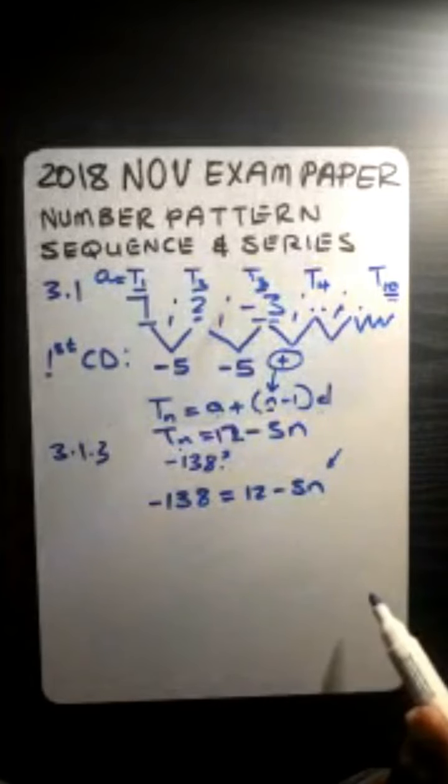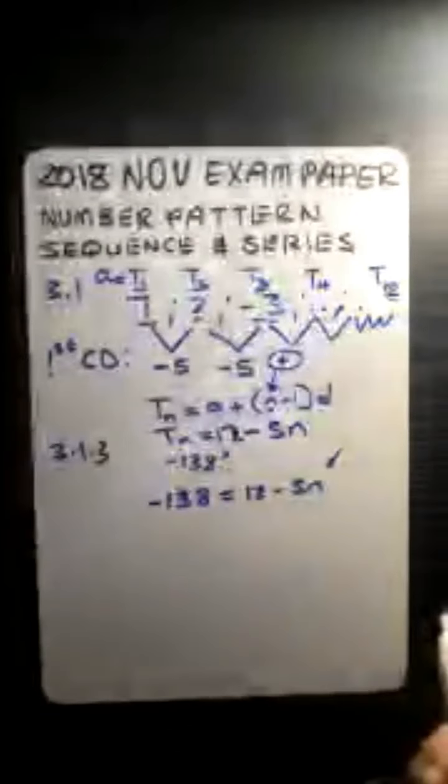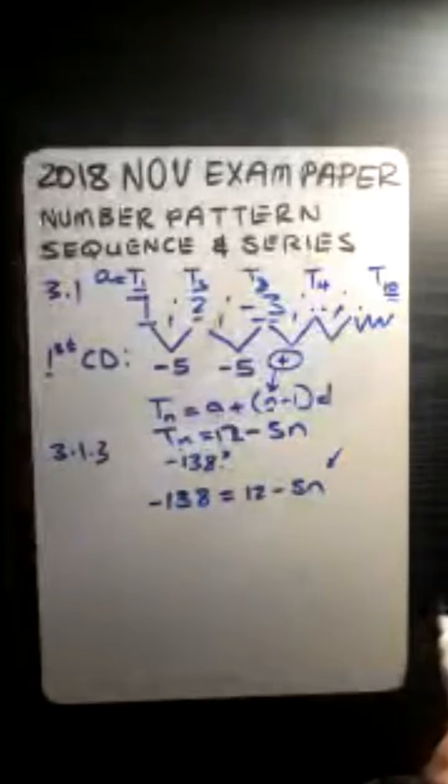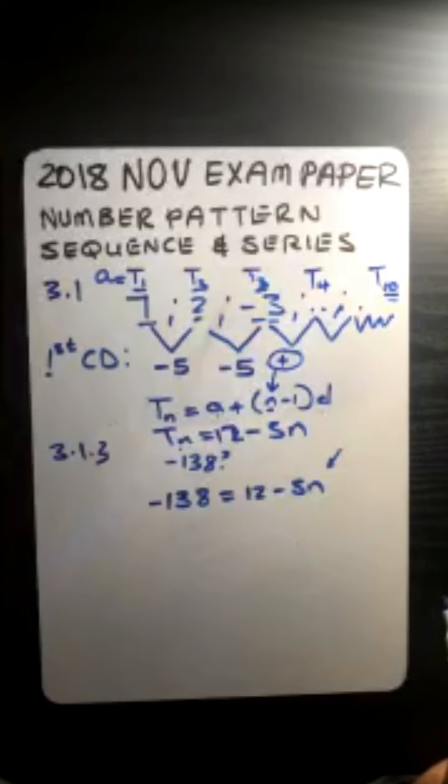Shravan, I want to give you a challenge. What type of an equation is that? Can you give it a guess? It's a linear equation. So, do you want to tell us what it means if it's a linear equation?